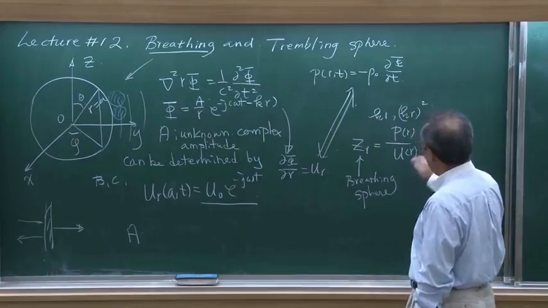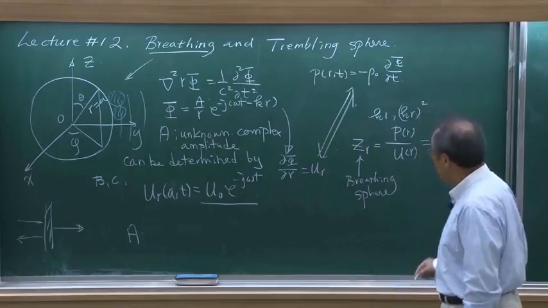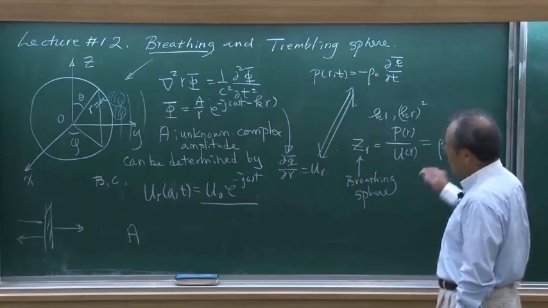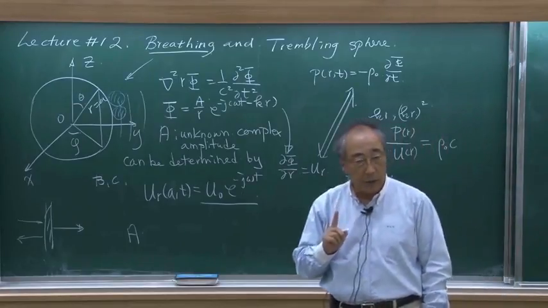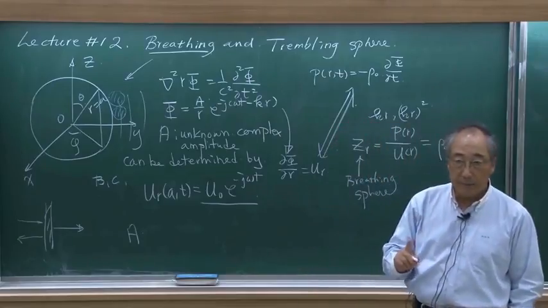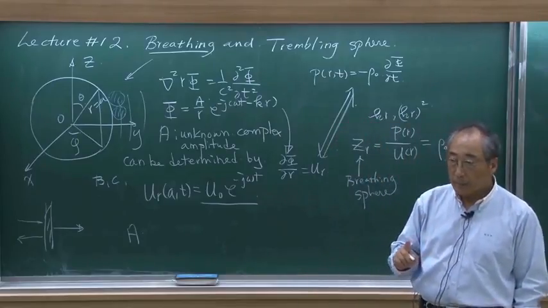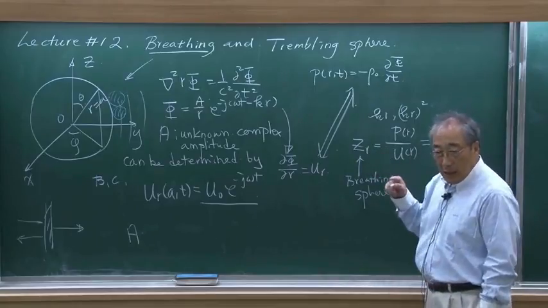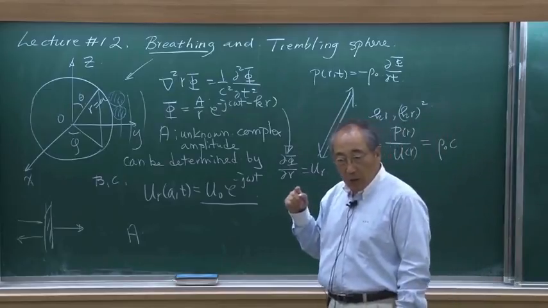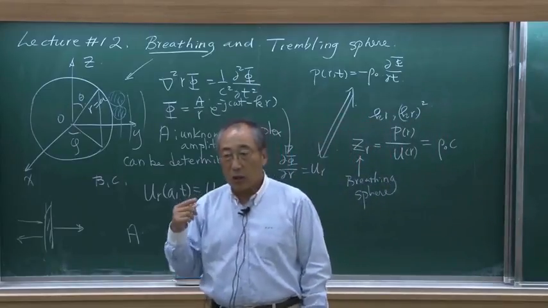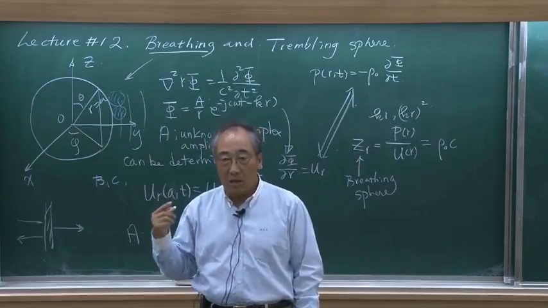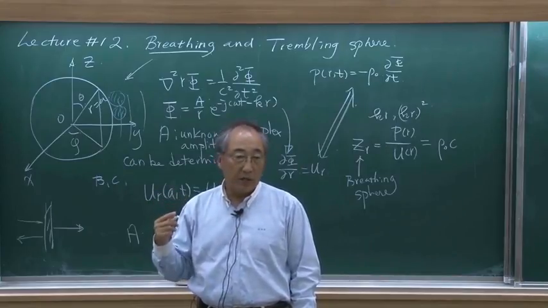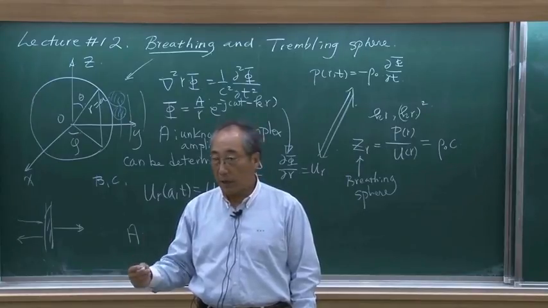And we found that this is very interesting because it is related with rho 0 c, that is the specific impedance of the medium. And we remember that if it is rho 0 c, then the impedance has only a real part, and also it is equal to rho 0 c, meaning that it radiates sound as if it is a plane wave.